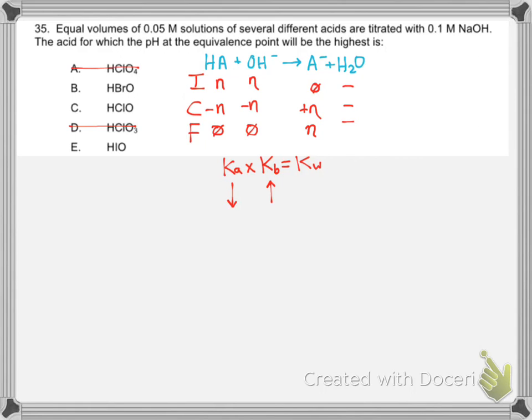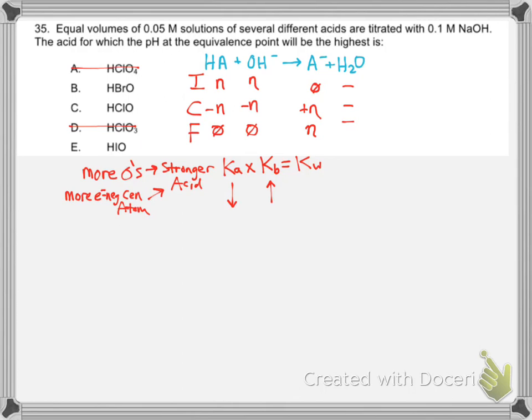So remember, for oxyacids, the rules are as follows. More oxygens means a stronger acid. And the more electronegative central atom you have, the stronger the acid.